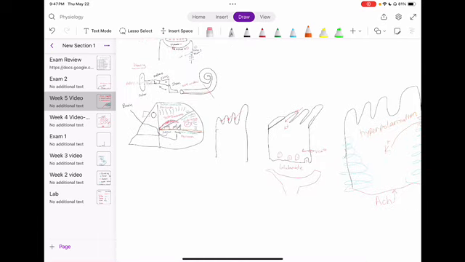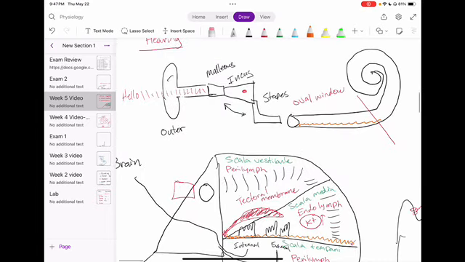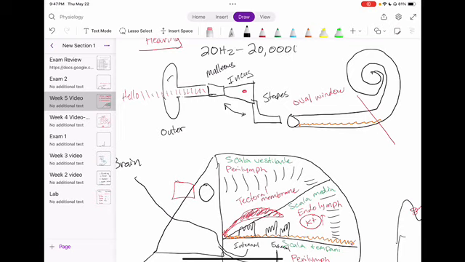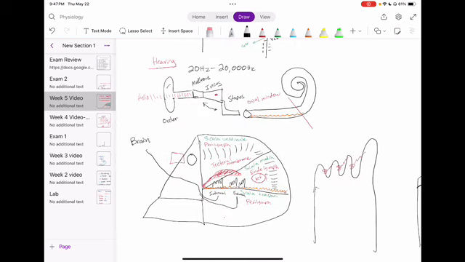So it's really cool the way that things work like this. The only thing I think I forgot to mention was that a human can hear 20 hertz to 20,000 hertz. And we typically never hear close to the borders of those, but it is possible for us to hear them.